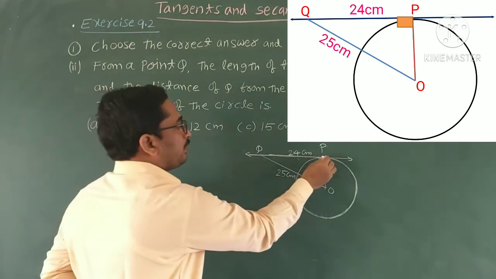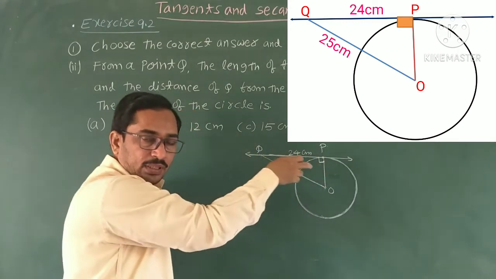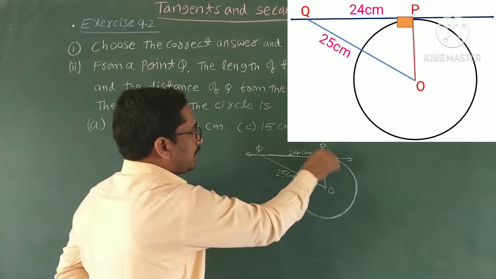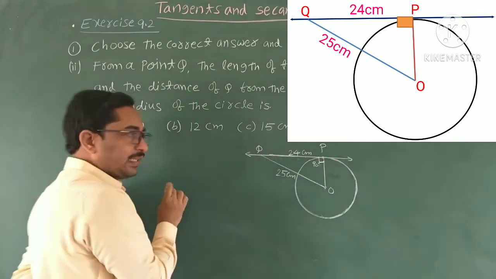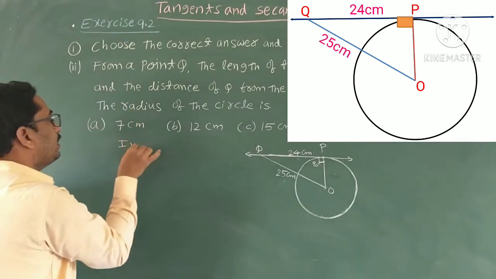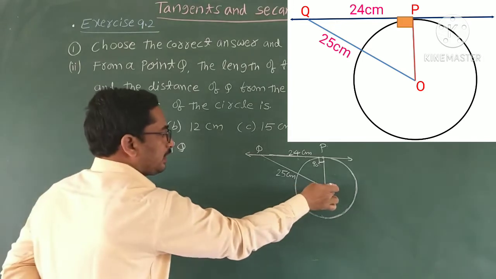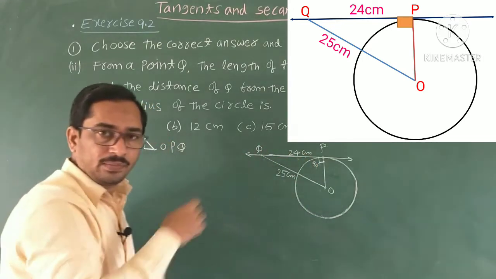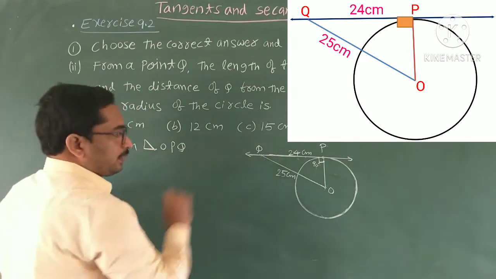The angle between the radius and the tangent at the point of contact is 90 degrees. So, it is a right angle triangle. In right angle triangle OPQ, right angle at P, we can apply the Pythagoras theorem.